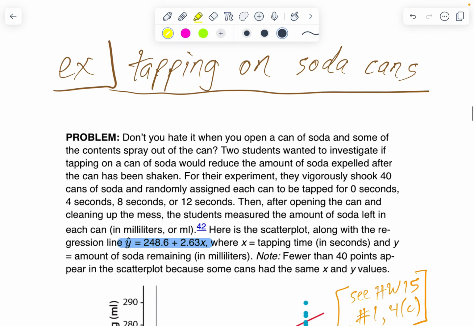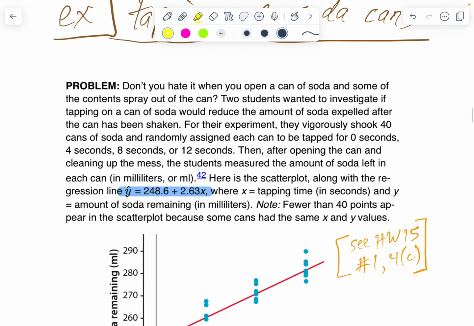All right, tapping on soda cans. You might know what we're talking about in this example. If you shake up a can of soda and then open it, there's probably going to be a bunch of soda spray that comes out of that can. So students did an experiment.